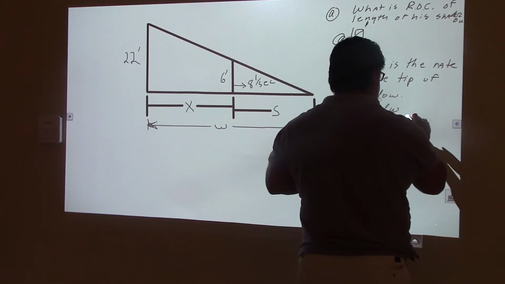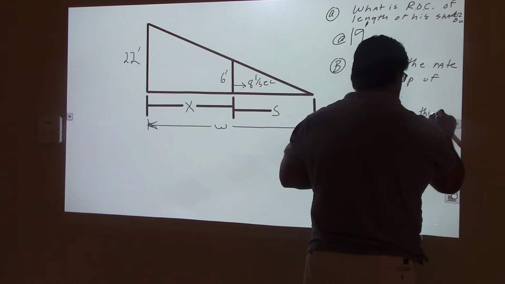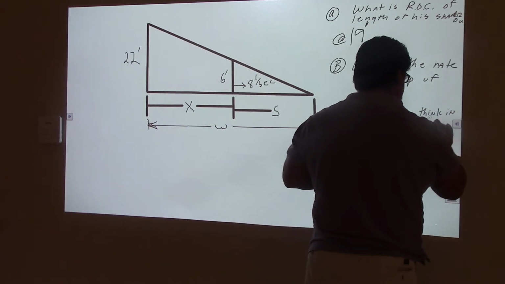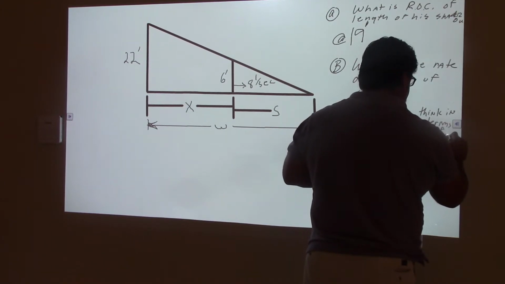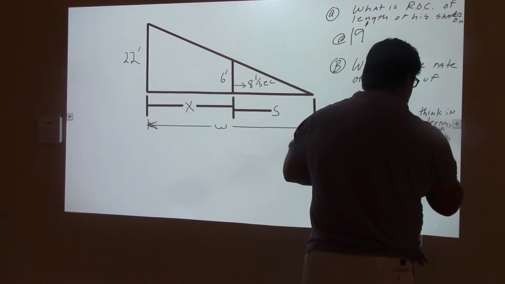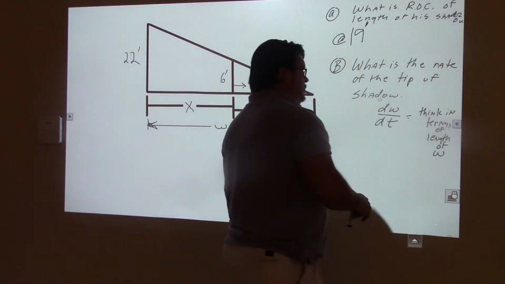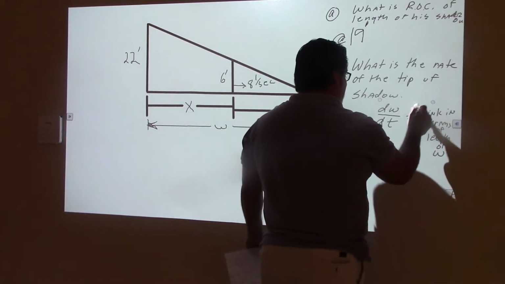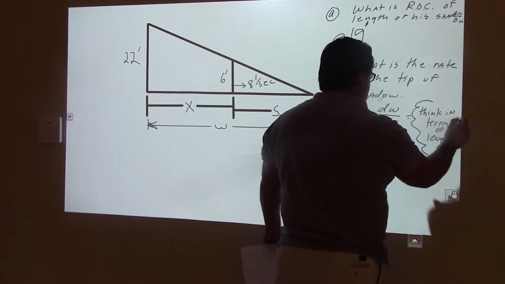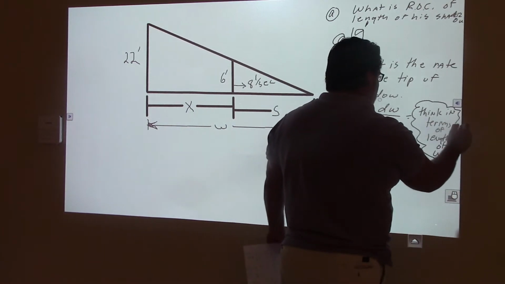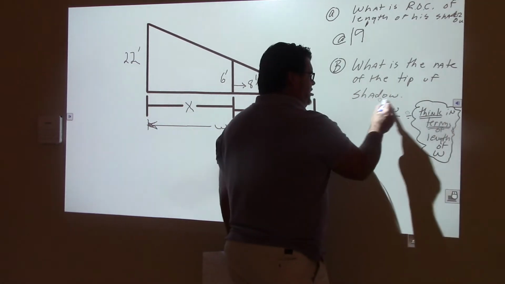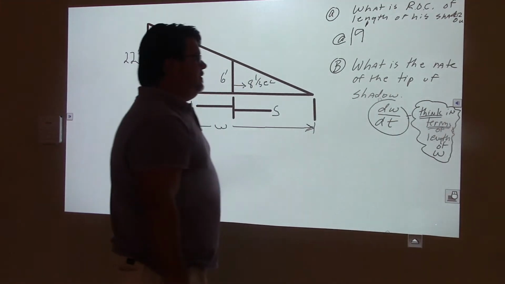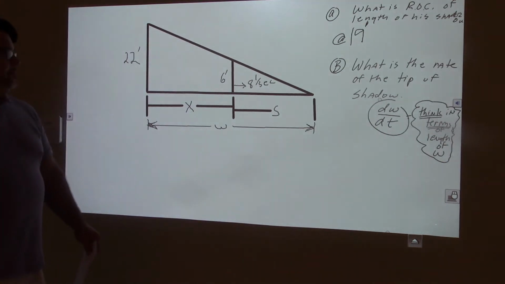I want you to think in terms of length of W. Okay? It's not the length. I mean, don't say x plus y is equal. Don't do that. I want you to think in terms of the length when you think of dW/dt.